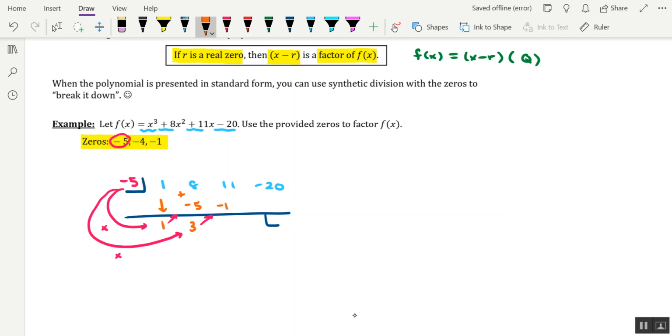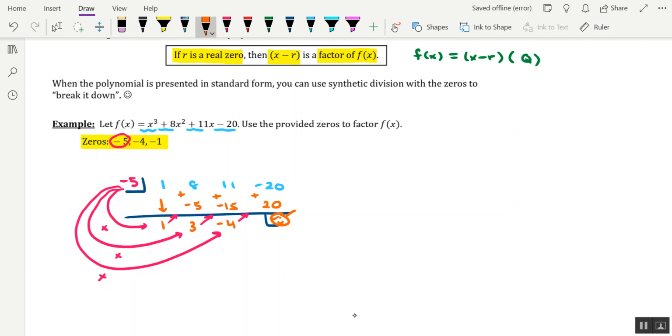We get -15. Adding that down, we get -4. And then one more round of multiplication by -5 will give us +20. And lo and behold, adding -20 to +20 gives us a remainder of 0, which makes me so happy I'm going to draw a dabbing emoji. Hashtag dab.